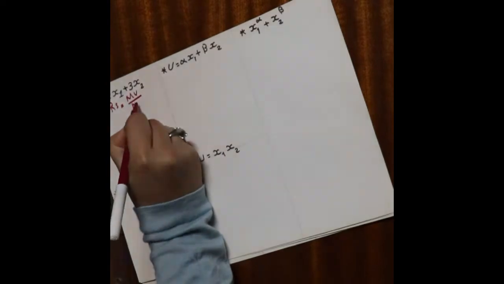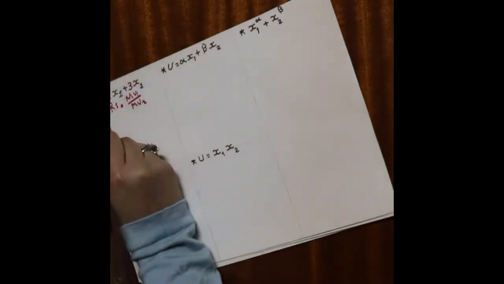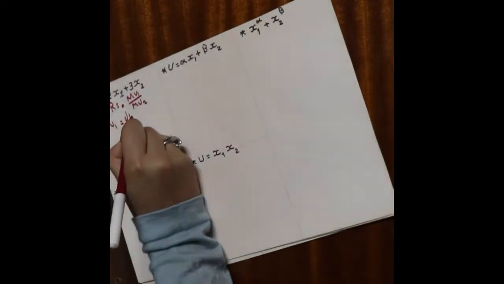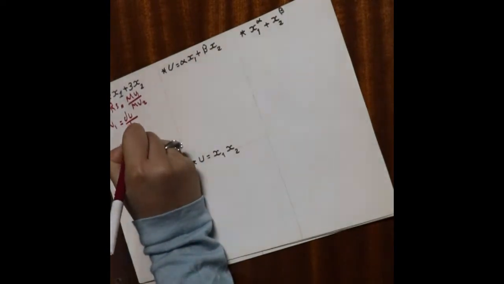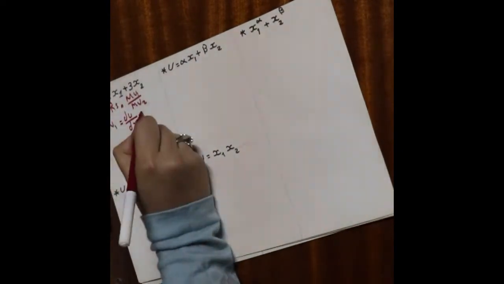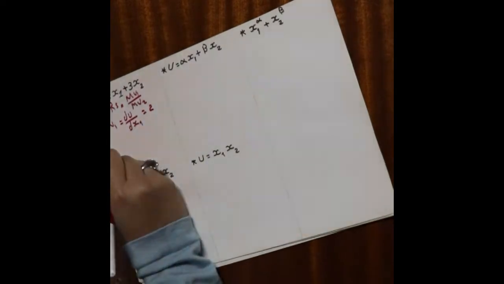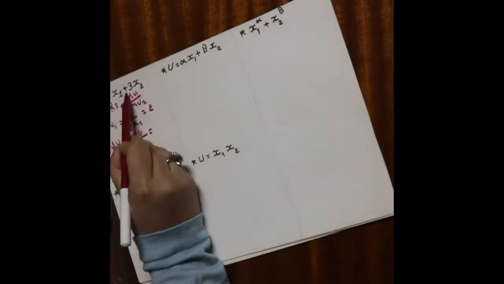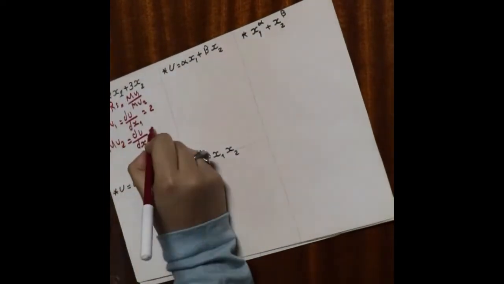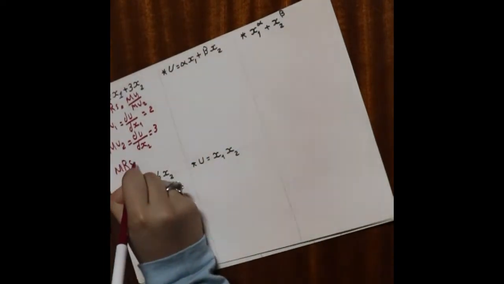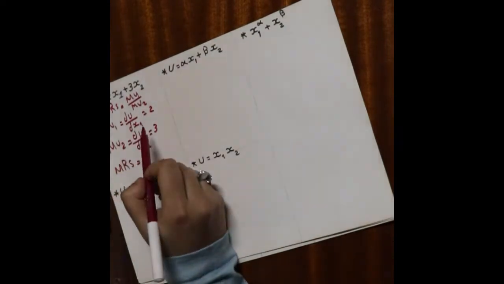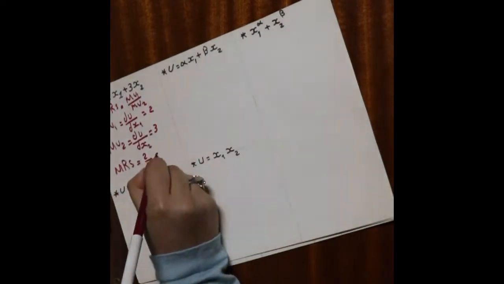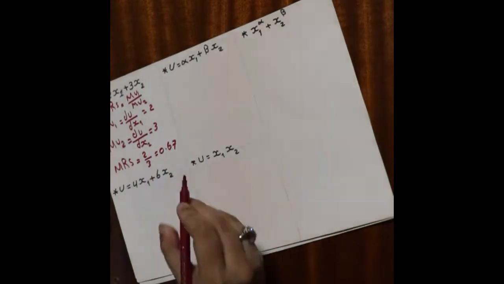MU1 equal delta U over delta x1 equal the first derivative of x1, here equal 2. MU2 equal delta U over delta x2. The first derivative of x2 here equal 3. So marginal rate of substitution equal 2 over 3 equal 0.67.